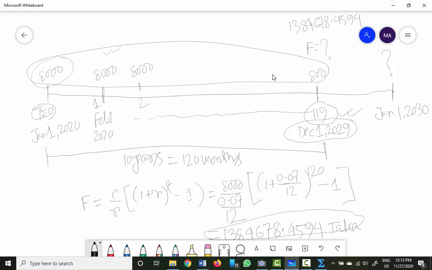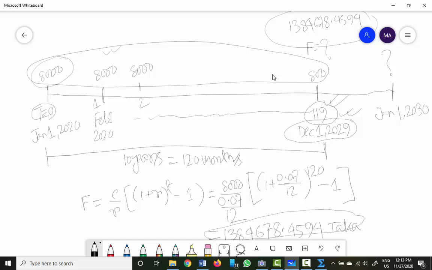That means you have paid your first payment from the beginning of the period, so the annuity has completed 1 month before. So this is the amount you will get on December 1, 2029.